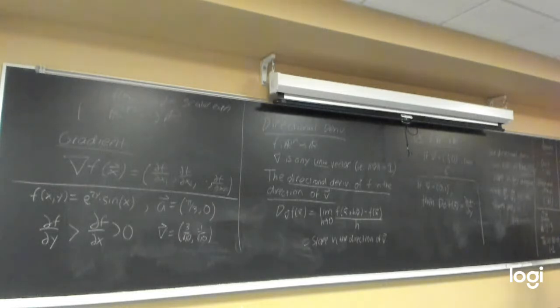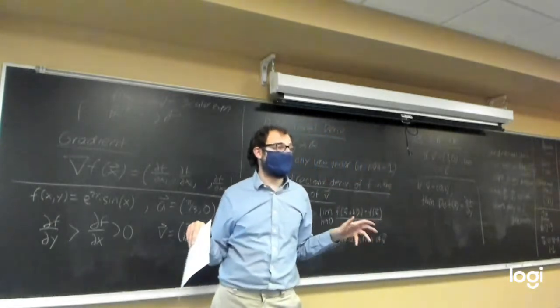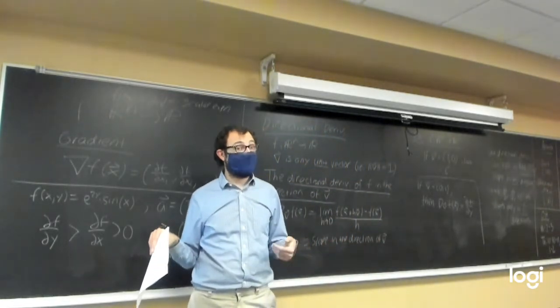So the directional derivative is just like a more powerful version of del f del x and del f del y in some way. That tells you slope in any direction rather than just the two fixed directions that we talked about way back in Standard 8.